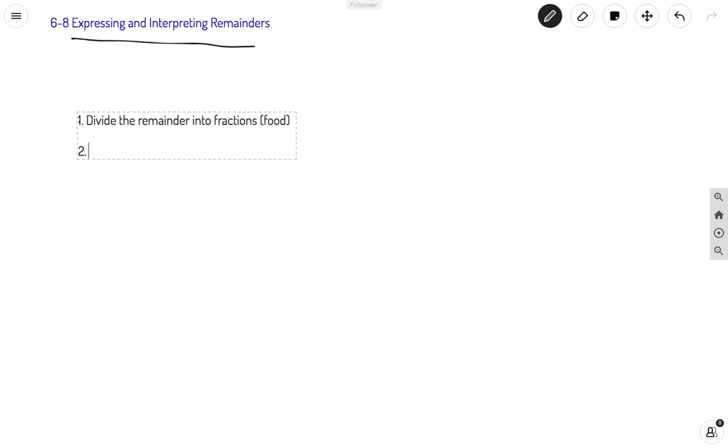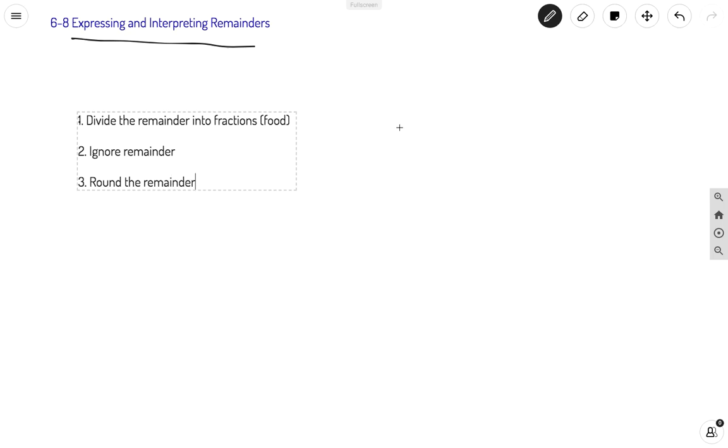Our second is to ignore the remainder, and this is in situations where we physically cannot divide whatever object it is that they're having us look at in the context of the situation or in the story problem. So in this instance, we would ignore the remainder. And in the last strategy that we saw, we would round the remainder.